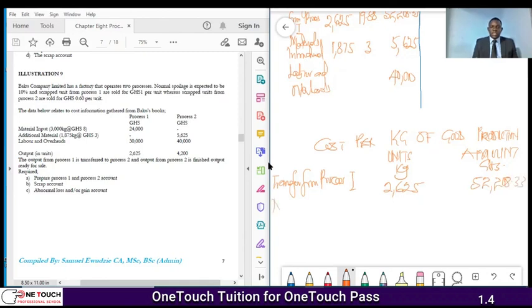The materials introduced were 1,875 at a value of 5,625. Okay, we have labor and overheads of 40,000.